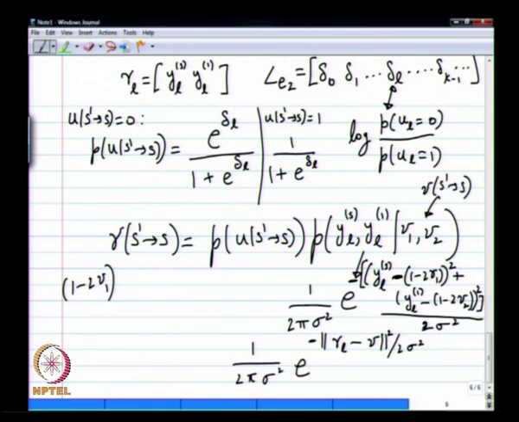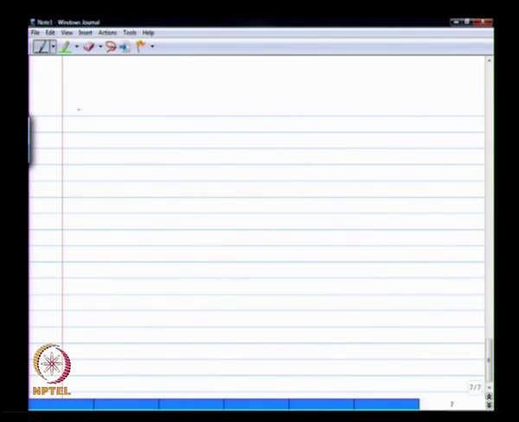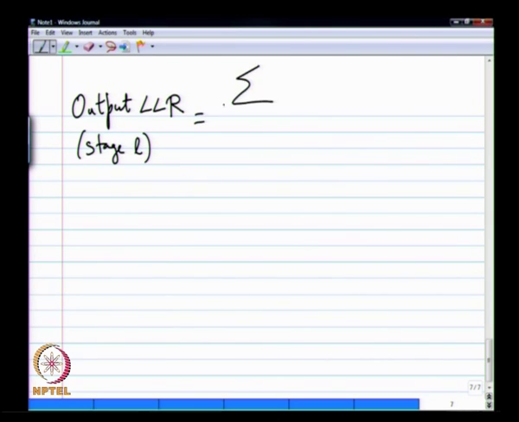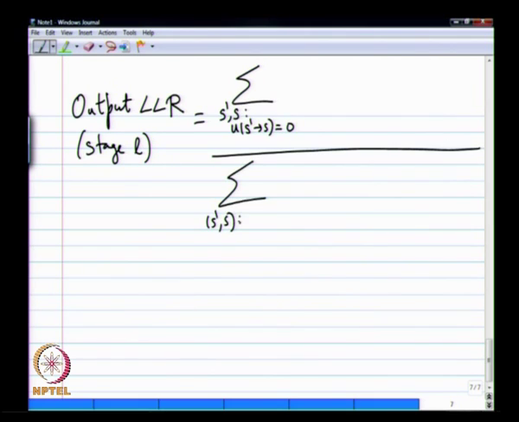Once you have that, we can now go ahead and compute the final LLR. What is the output LLR for stage L? In stage L, you add up over S prime S such that U of S prime S equals 0, then you divide with the summation over S prime S such that U of S prime S equals 1, and then take the log.